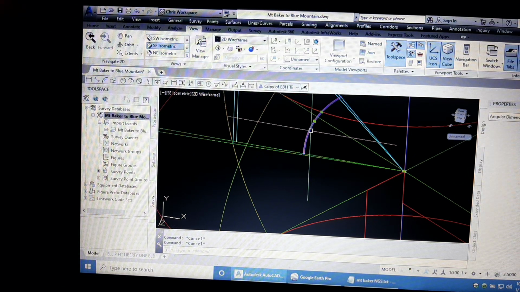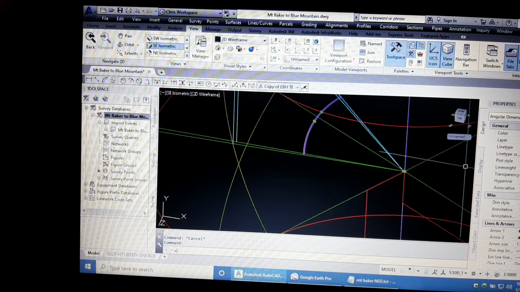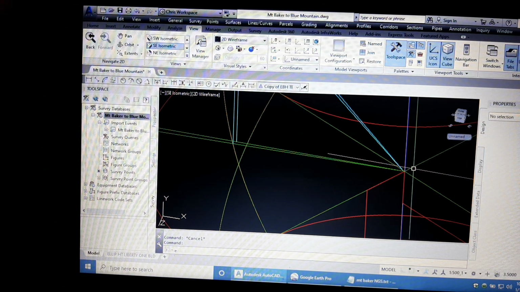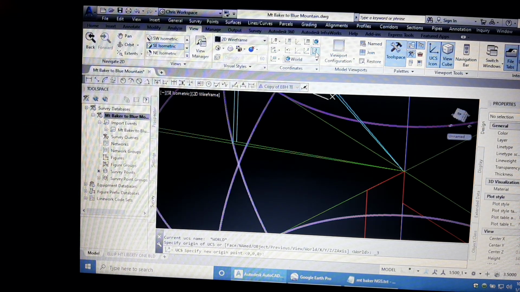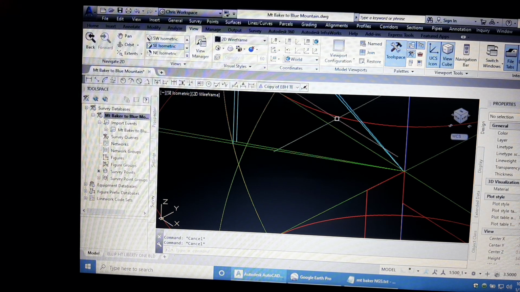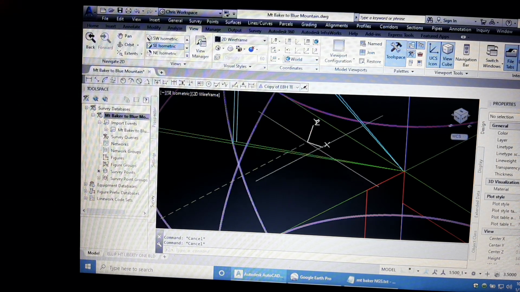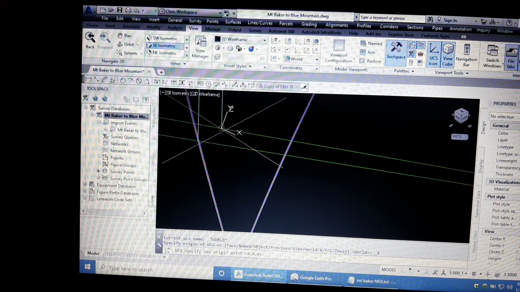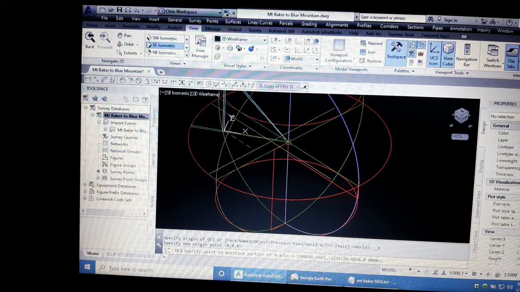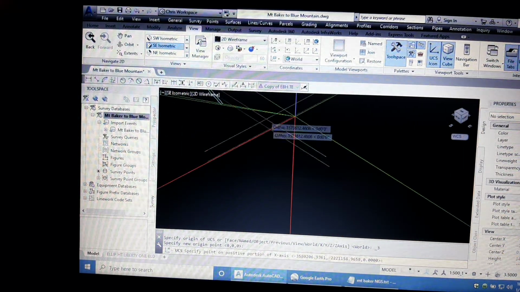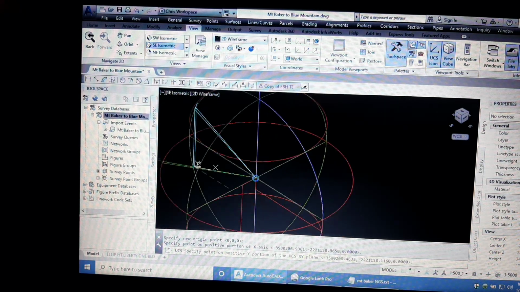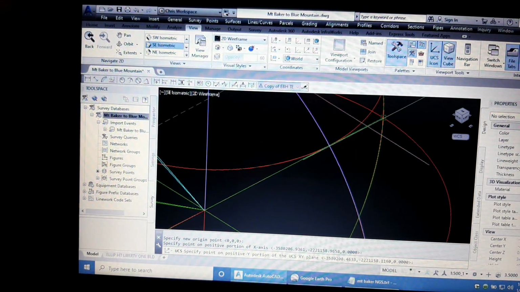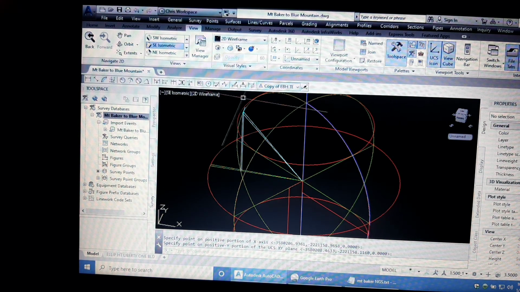Alright, well, why not do the longitude. Point. We'll go from here. This will go to the center of the Earth, to the prime meridian. Measure.